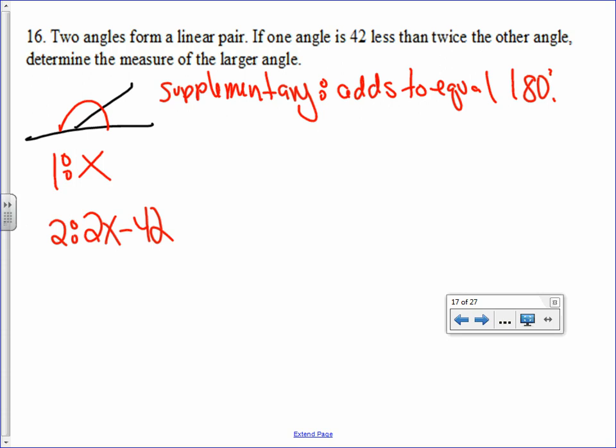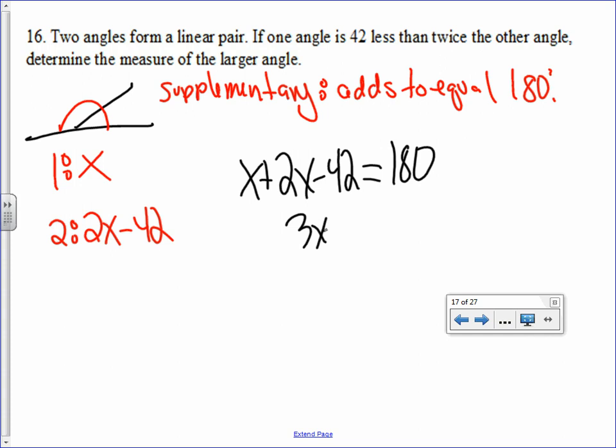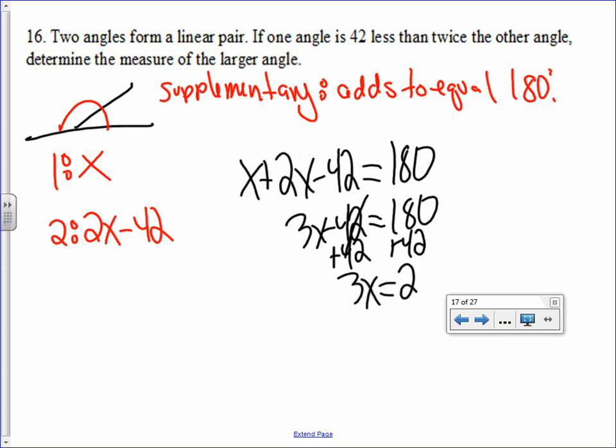Now that I have the expressions, if they're supplementary, I'm going to add them to equal 180. 3x minus 42 equals 180. Solve the equation. 3x equals 222. Divide by 3.